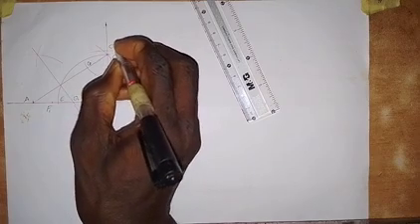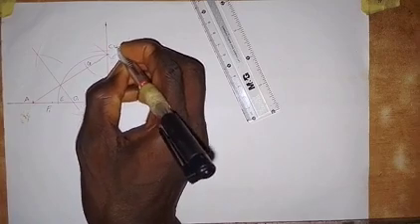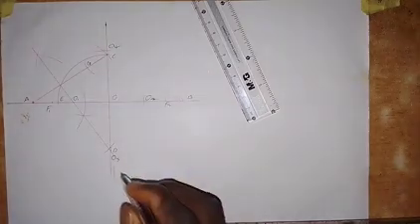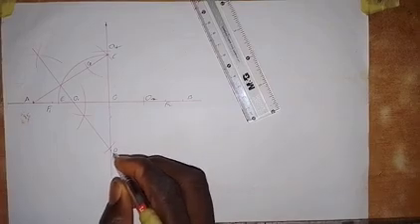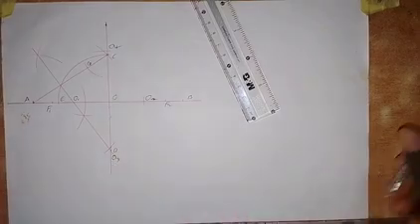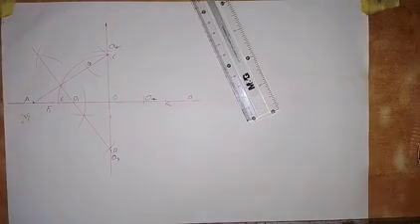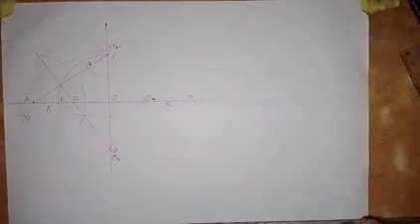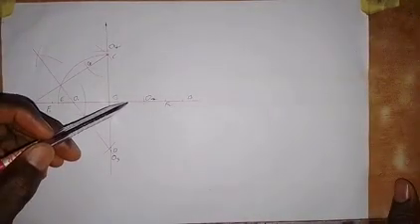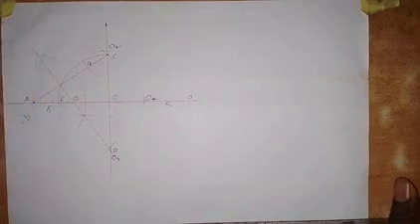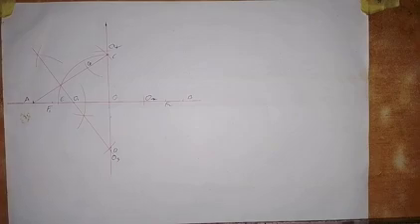So the distance CO4 is equal to O3D. The four centers we are going to use to construct this ellipse are center O1, center O2, center O3, and center O4. Now we can go on and draw the ellipse.